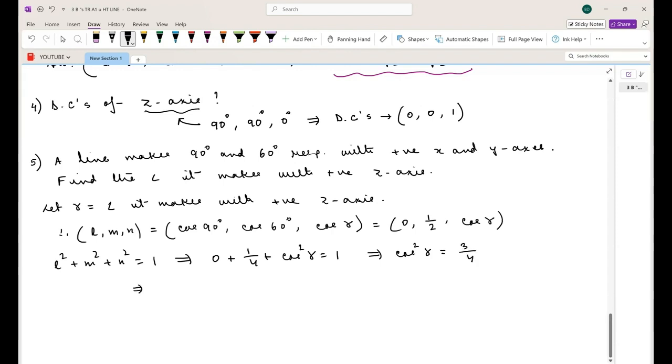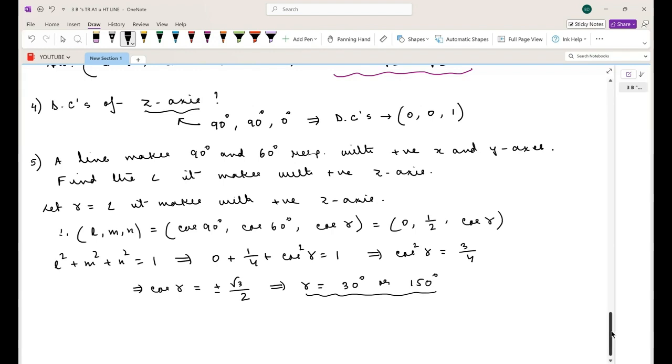So cos gamma equals plus minus root 3 by 2. That means gamma is either 30 degree or 150 degree. So these are the two values of gamma.